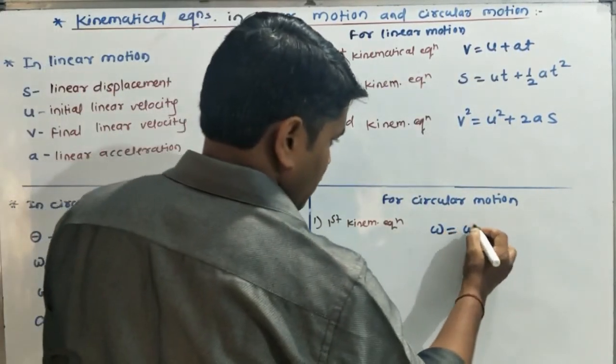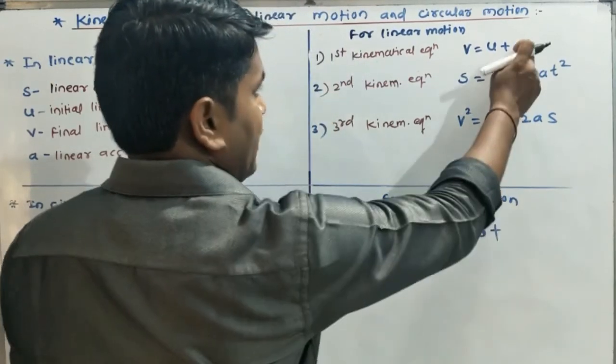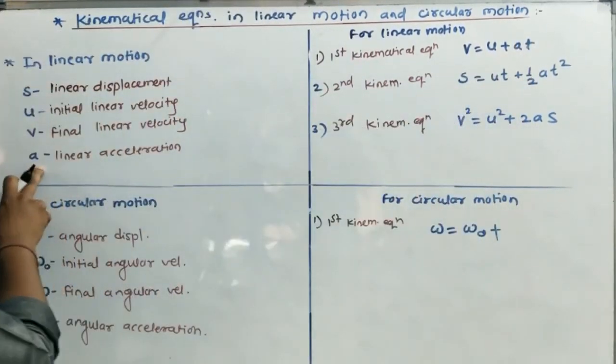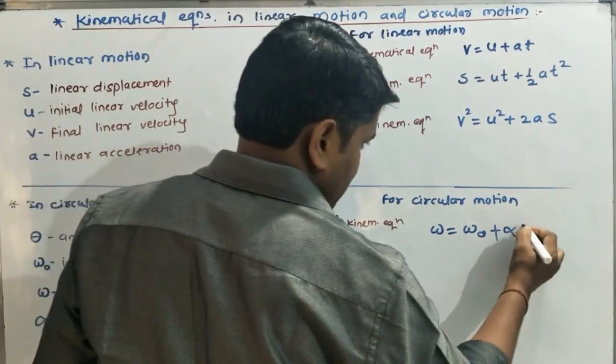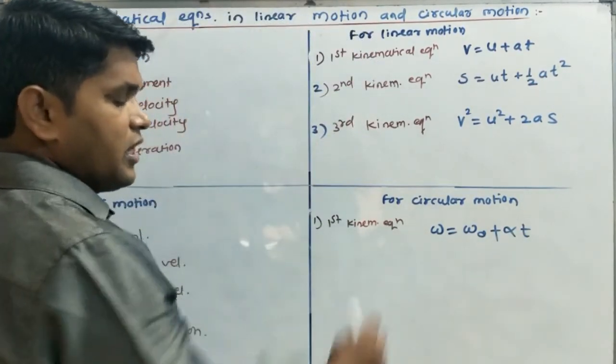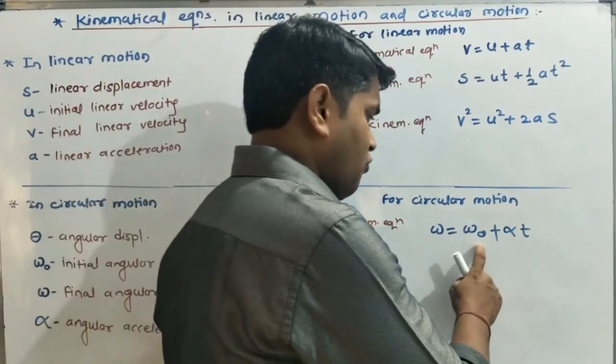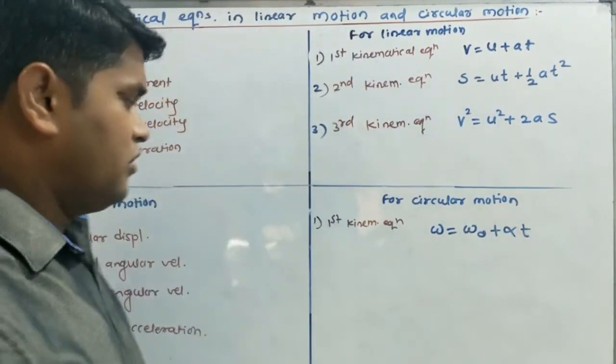Then plus a, which is linear acceleration, but for angular acceleration it is alpha, and the time is the same. So this is our first kinematical equation: omega is equal to omega 0 plus alpha into t.